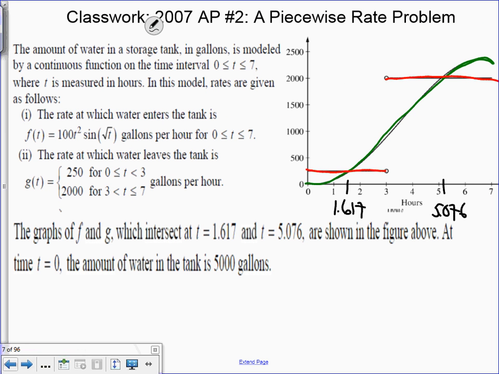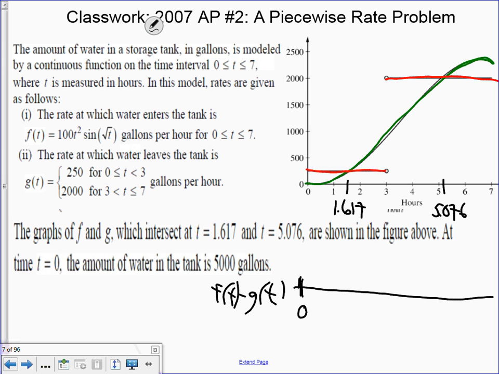Love the sign chart. So we want to see when rate in minus rate out is negative. So I'm just going to make a little sign chart right under the graph. So this will be my f of t minus g of t. That's the rate in minus rate out. So I'm going to start it here at 0. What's the first number I should mark off on this when it's going to change sign?